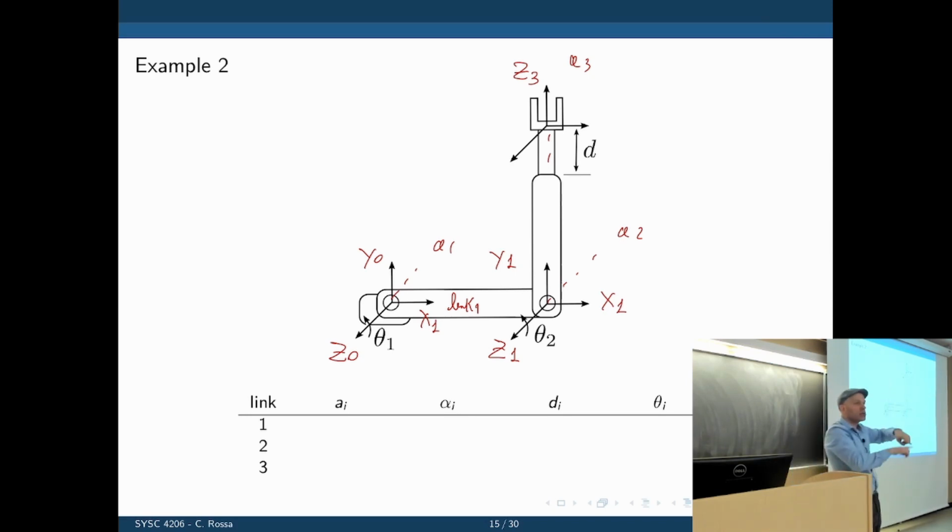So it's up to us to put it wherever we want, so long as it goes along that line. So to make things simple, let's put the second frame back here, coincident with frame 1, with one difference: it rotates with respect to that frame.